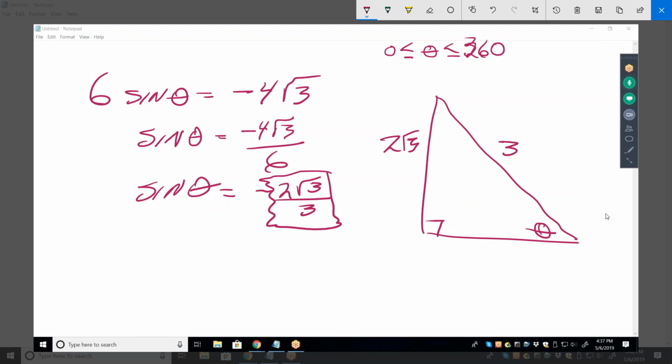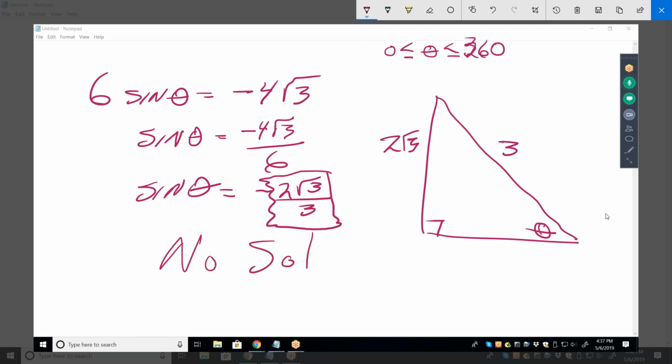Is that number bigger or smaller than 1? Bigger than 1. Is that possible? Not with sine or cosine. It can never be bigger than 1 and never be smaller than minus 1. So the reason this question is in there is that there's no solution.